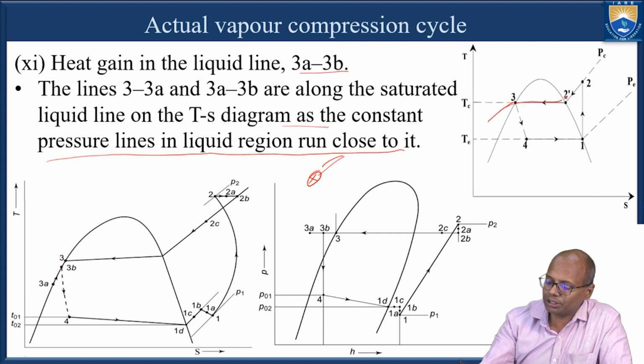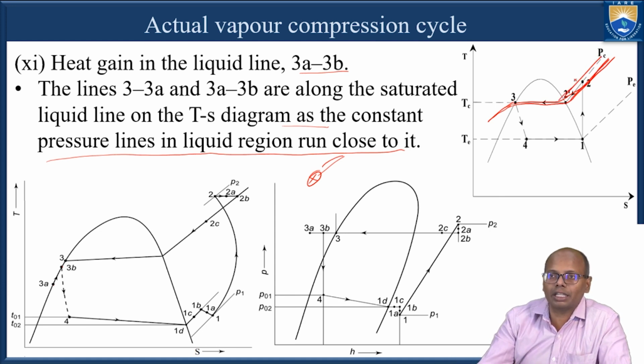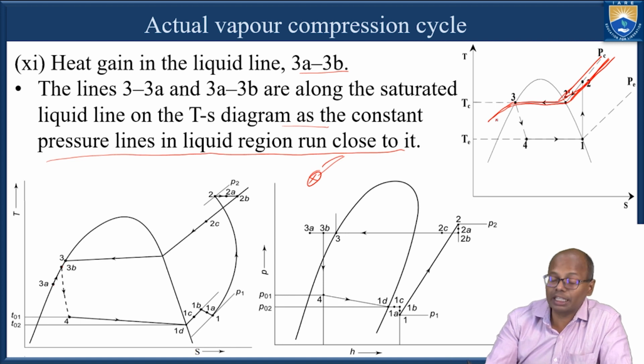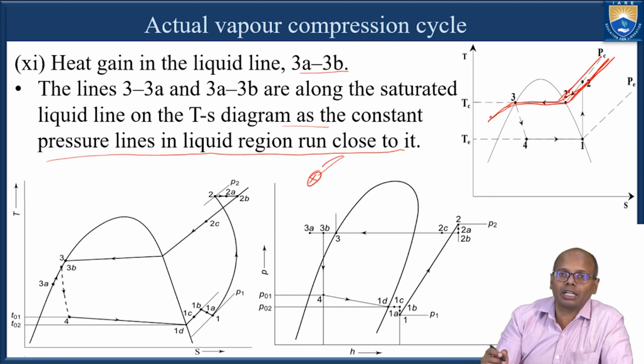So here this is a constant pressure line. In the vapor region the constant pressure lines are a little farther apart, but in the liquid region the constant pressure lines are very close together.